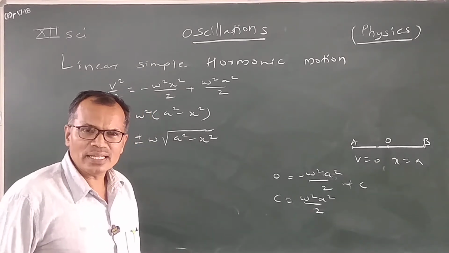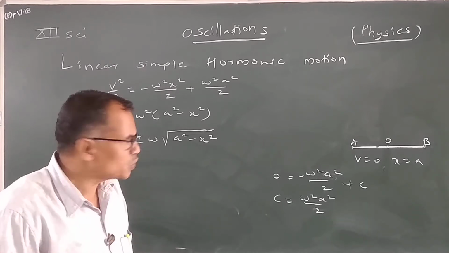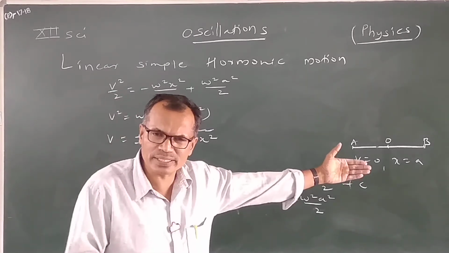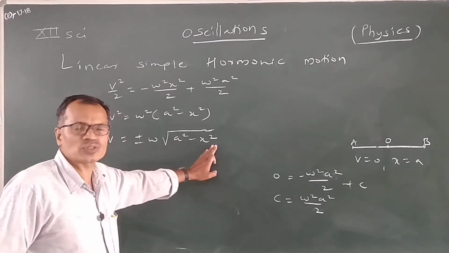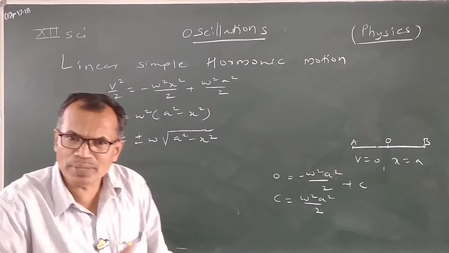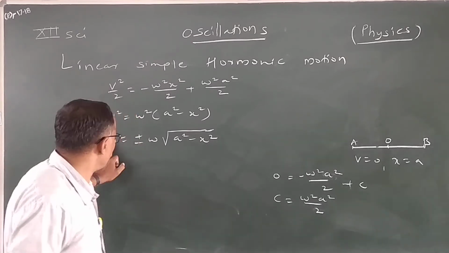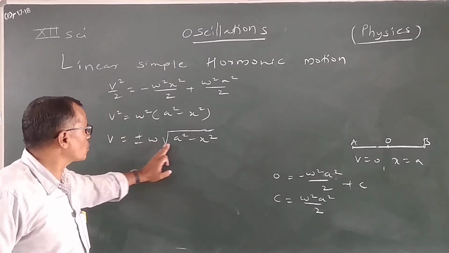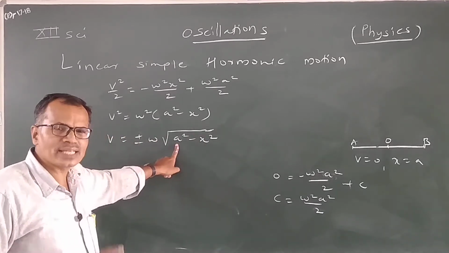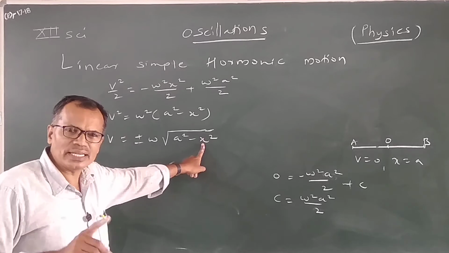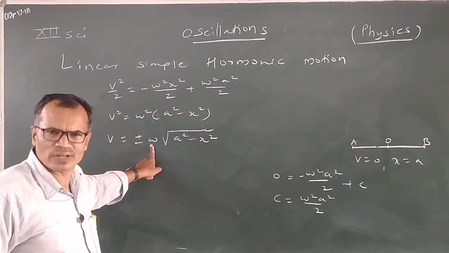If the particle is approaching towards the mean position, then the velocity increases. Then the velocity is equal to plus omega root a square minus x square. If the particle is moving away from the mean position, then the velocity is equal to minus omega root a square minus x square. Here v is called as velocity, a is called as amplitude, x is called as displacement, and omega is called as angular velocity.